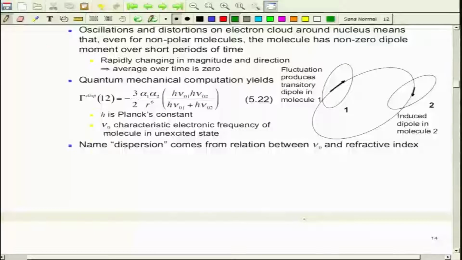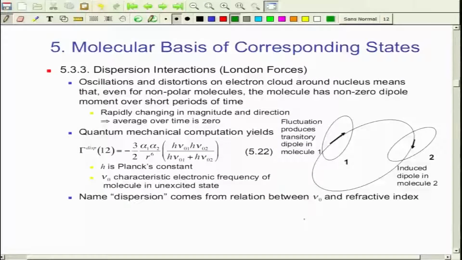Now let me come to the dispersion interaction. Dispersion interaction is relevant for the case where you do not have any polarity, that means it is relevant for non-polar molecules. Oscillation and distortion of the electron cloud around the nucleus means that even for non-polar molecules, the molecules can have a non-zero dipole moment over a short period of time.